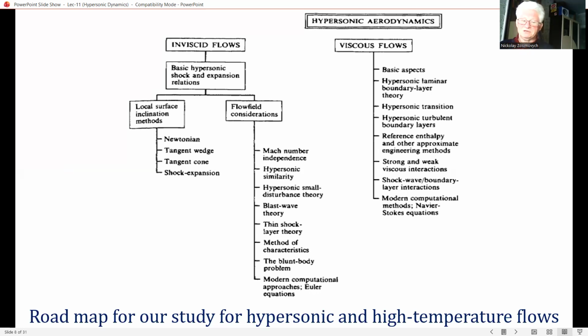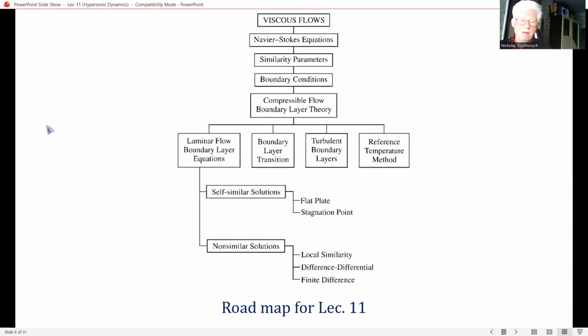Return for a moment to the general roadmap in this slide. We have completed our discussions on inviscid flows listed under the left-hand column in the slide. A more detailed roadmap for this lecture is given in this slide.